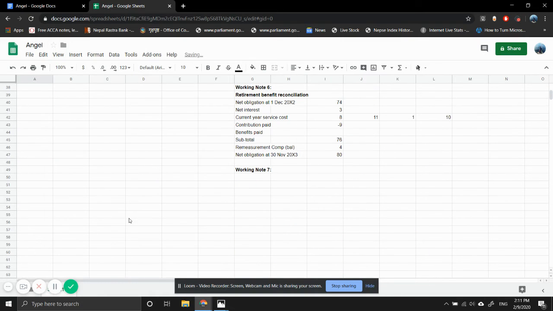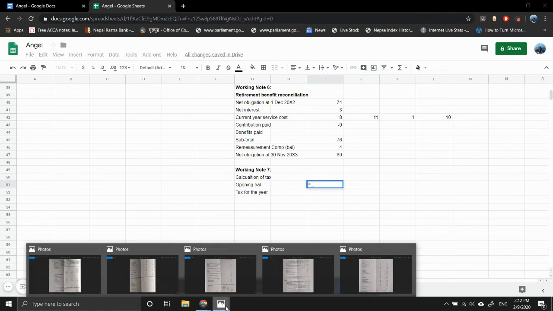Let's calculate tax. Working note 7, calculation of tax. So opening balance, tax for the year.